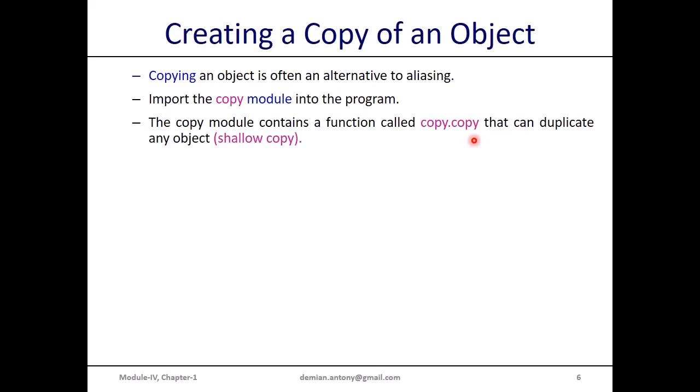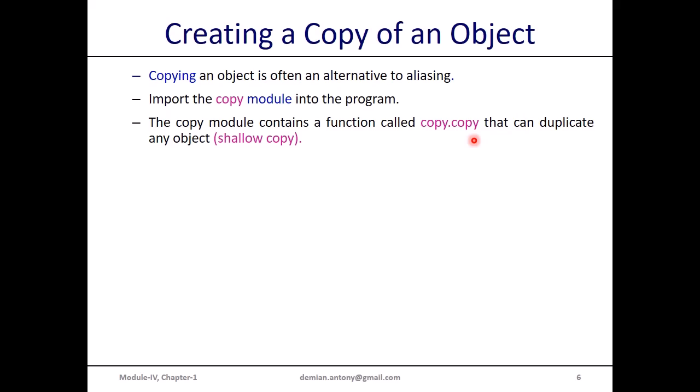And this copy is called a shallow copy because it creates just a copy of this existing object. For example, if an object contains a reference to another object, it creates a copy of the object with just a reference as an attribute.